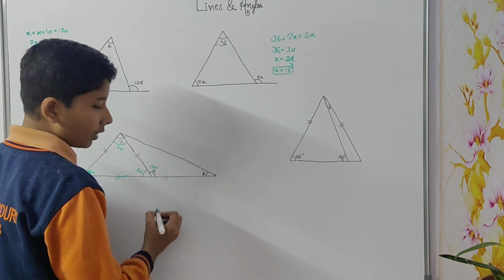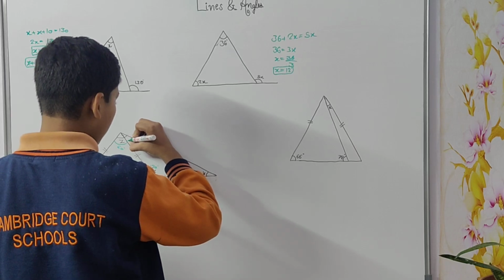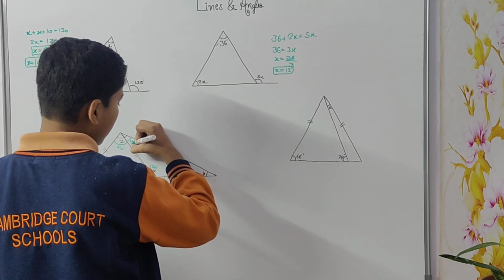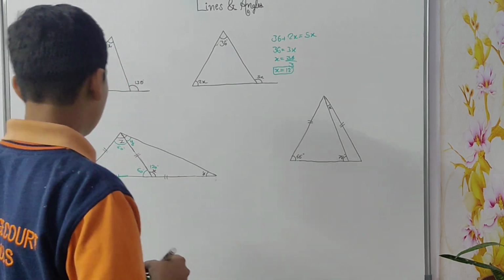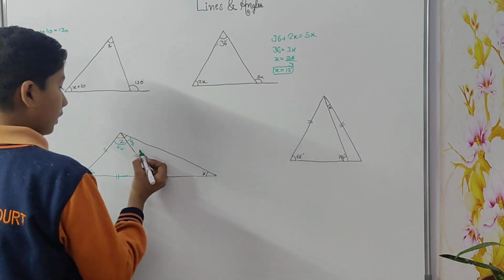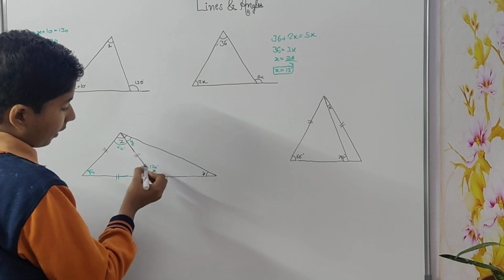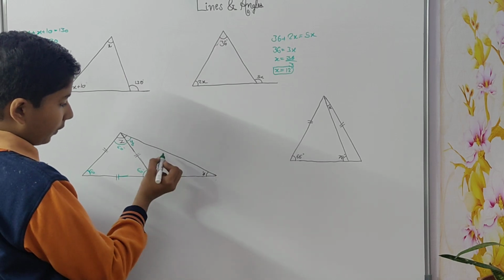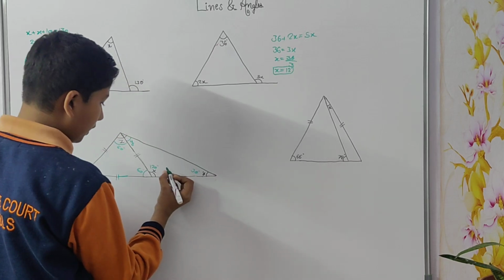And we know that equal sides have equal angles opposite to them. So this angle will be y, and this will also be y. One more thing: this plus this will be this. So these both are y, half of it will be y. So y will be 30 degree.